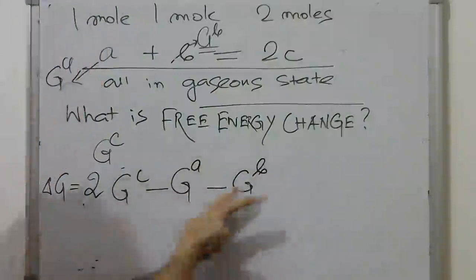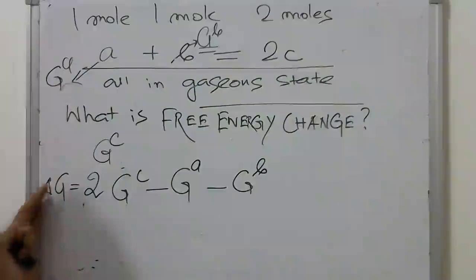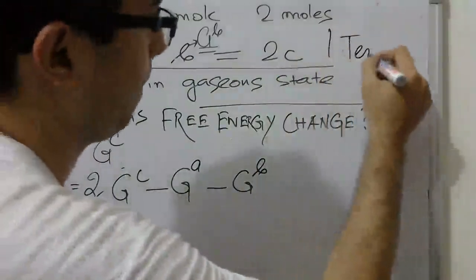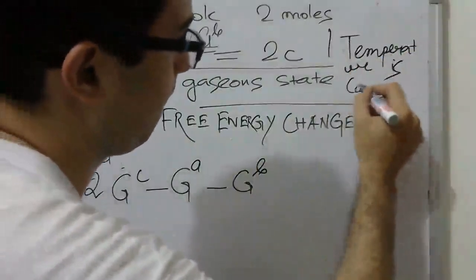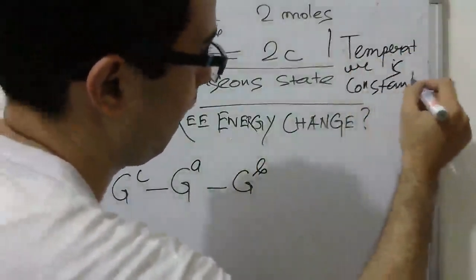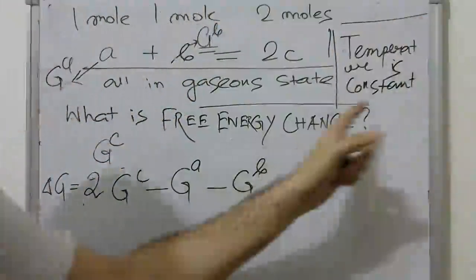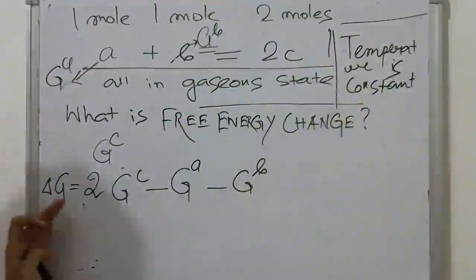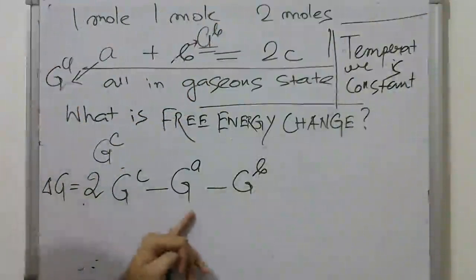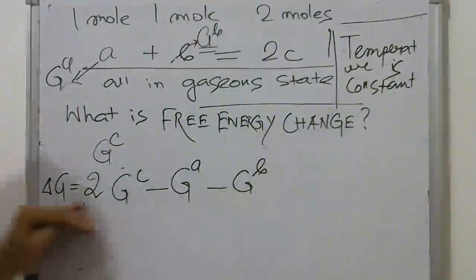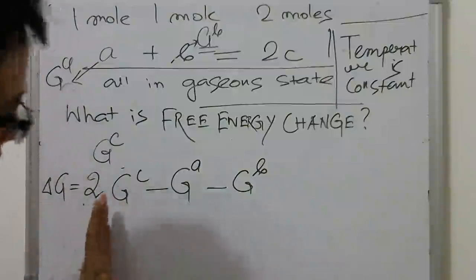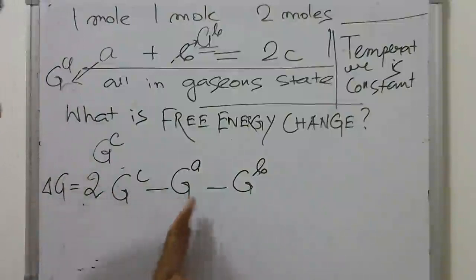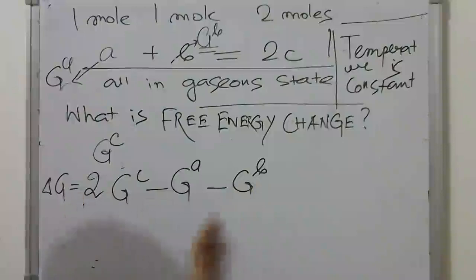This is the free energy change, right? Temperature is constant. So delta G is 2Gc minus Ga minus Gb. So this is the free energy change for the system, right? Understood? So let's individually calculate Gc, Ga and Gb.